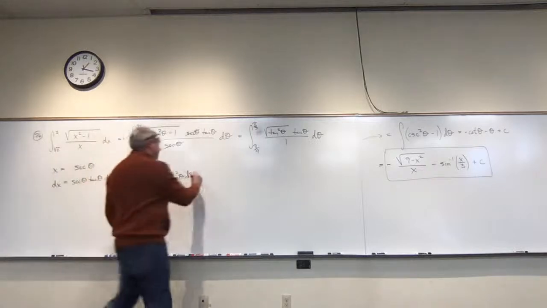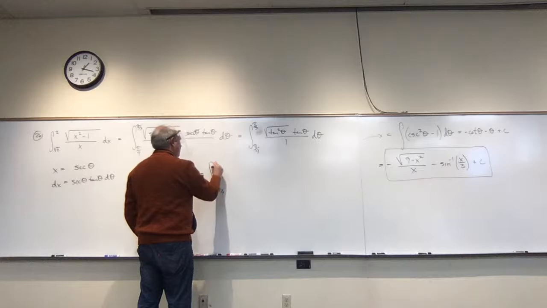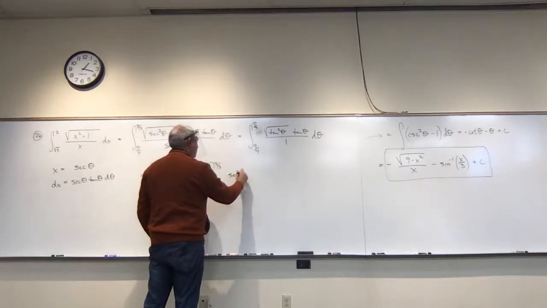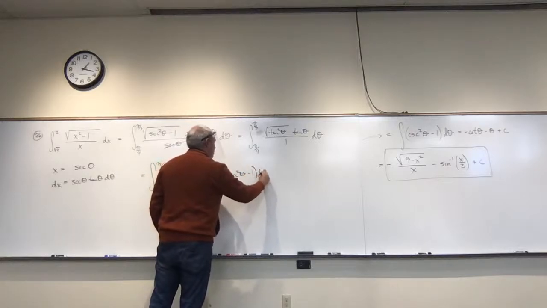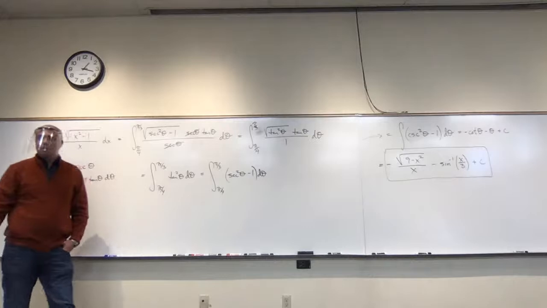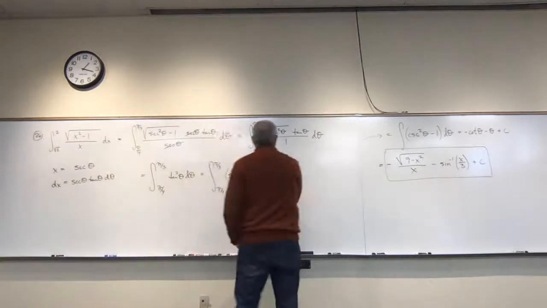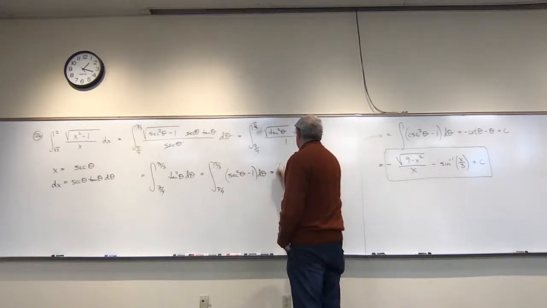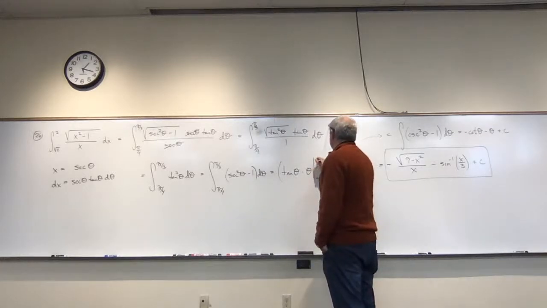So I could rewrite as integral pi over 4 to pi over 3 of secant squared of theta minus 1 d theta. And now I can take an antiderivative. So this is just equal to tan theta minus theta evaluated from pi over 4 to pi over 3.